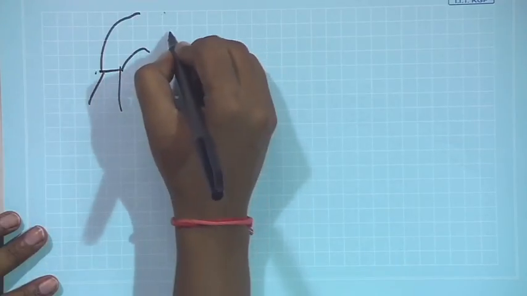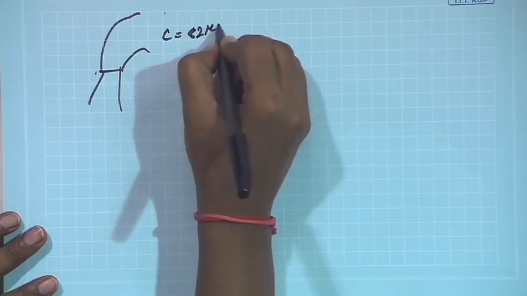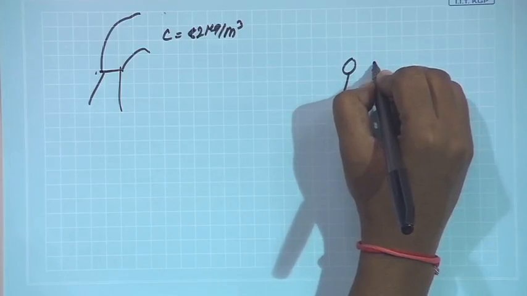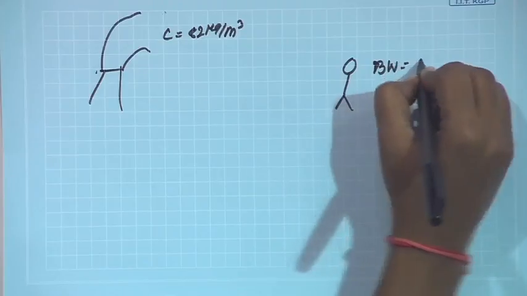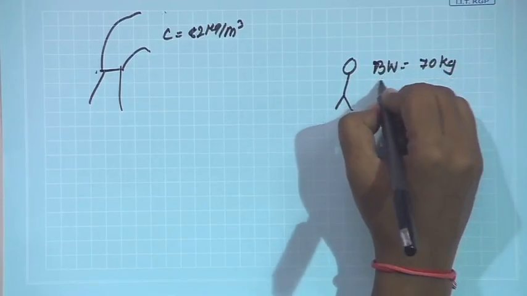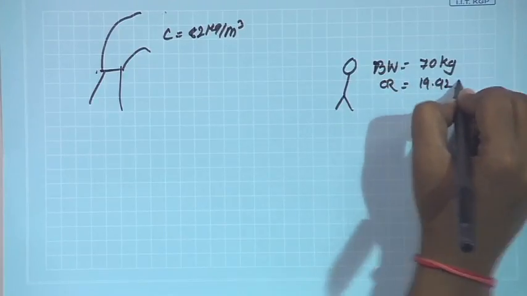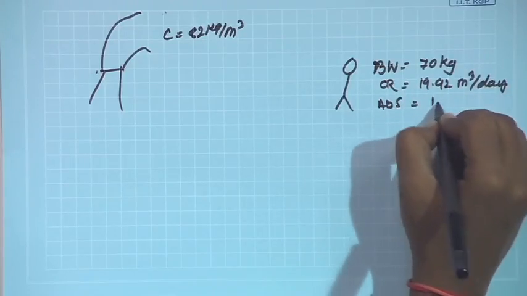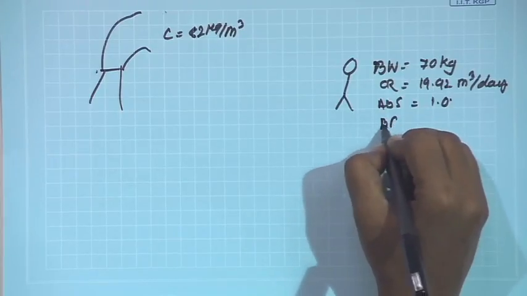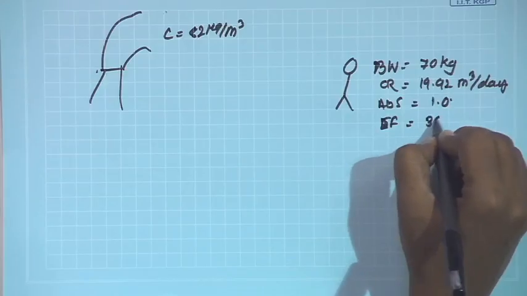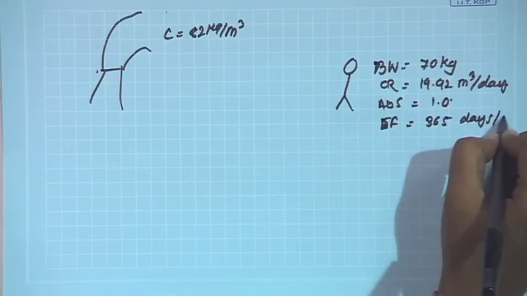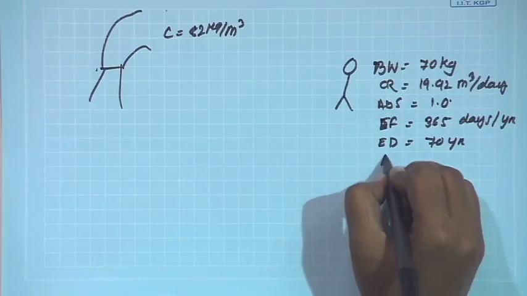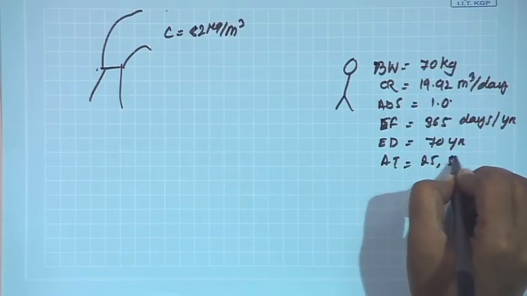This is the ambient concentration of benzene, that is 82 microgram per meter cube, and these are the exposure properties: the average body weight is 70 kg and air breathing rate is 19.92 meter cube per day, and the ABS, that is absorption rate, is 1.0, exposure frequency is 365 days per year, and the exposure duration is 70 year, and the average time is 25,550 days.